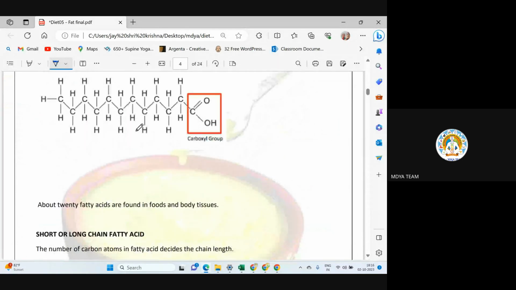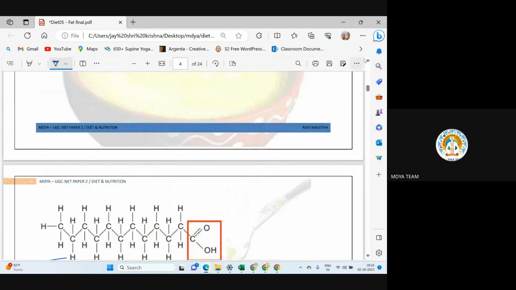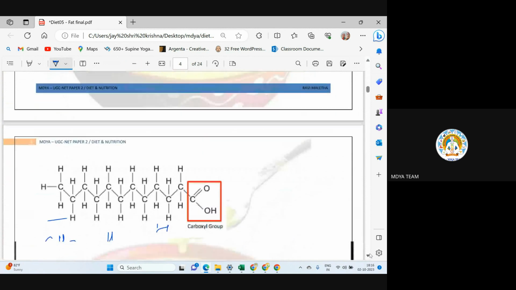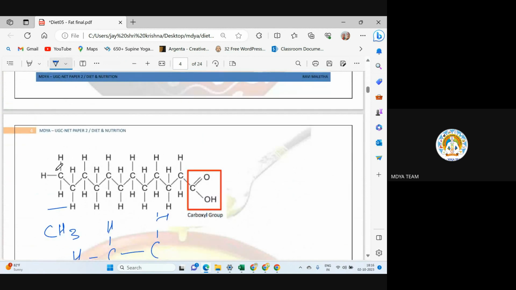Okay, this is a detailed picture, these are carbon chains. Please don't get confused by this picture. What they have done is, in place of writing CH3, they directly show the detailed picture like C, H, H, H. In place of writing CH2, they wrote C, H, H. So the terms CH3, CH2, CH2 are just expanded: CH3 means 3 hydrogens are attached to carbon, so 1, 2, 3, then CH2, then CH2.